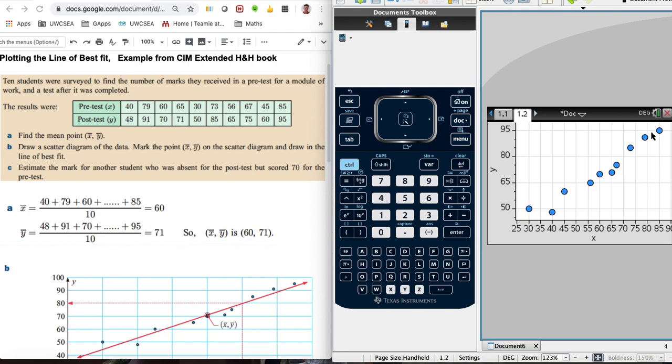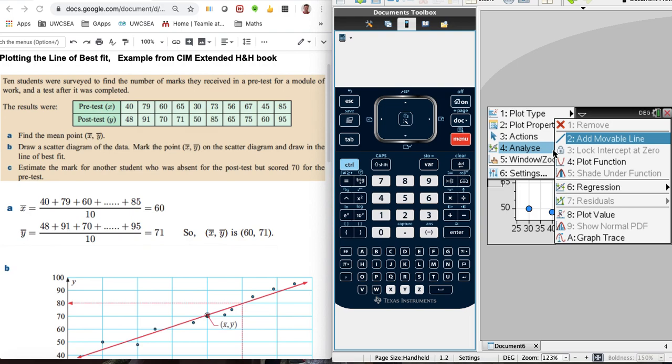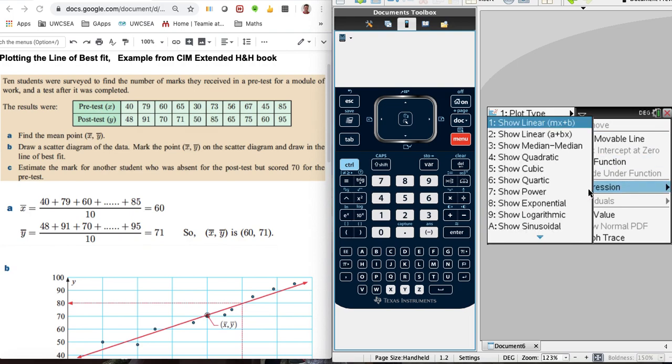And there we have nice correlation, nice positive correlation is going up. There's definitely some kind of relationship between the two of them. Okay, but how good is that relationship? We'll find out. So first thing, we're going to try and put this line of best fit onto the graph. So menu, analyze, regression, and we're going to do a linear regression, mx plus b.